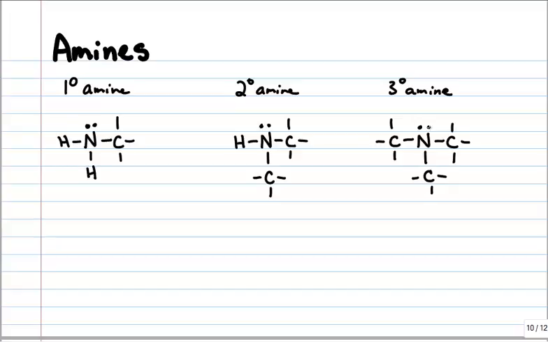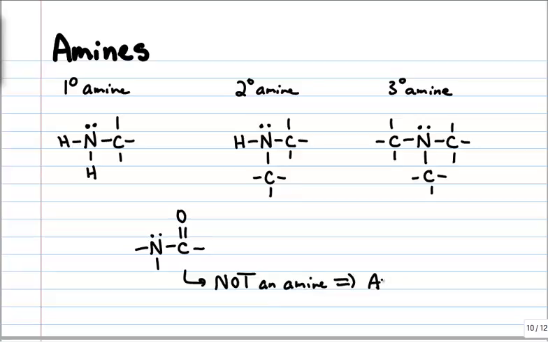One exception to what I've told you is if you have a nitrogen and you have a carbon attached to that nitrogen, but that carbon is what we call a carbonyl group, a C double bond O, then this is not an amine. It is what we call an amide, A-M-I-D-E.